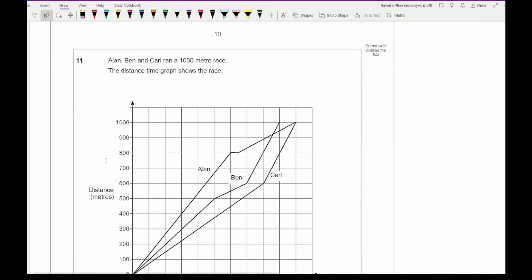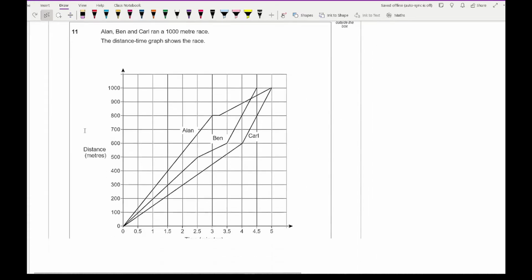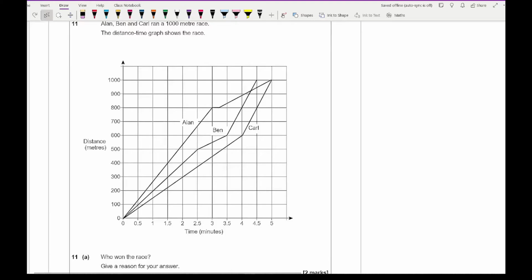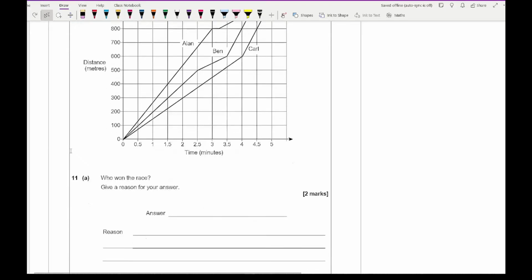Moving on to question 11, it says that Alan, Ben and Carl ran a 1,000 meter race. The distance time graph shows the race, and for 11a it says who won the race. So to win the race you need the shortest time, and the person with the shortest time is going to be Ben, as we can see.